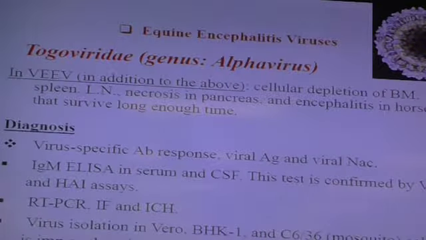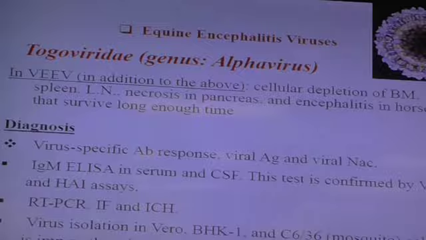When it comes to diagnosis, one can aim for the antibodies and one can aim for the viral antigen. In acute phases, that's the beginning of the infection, one can do an IgM ELISA and that's helpful when it comes to screening of several equine.